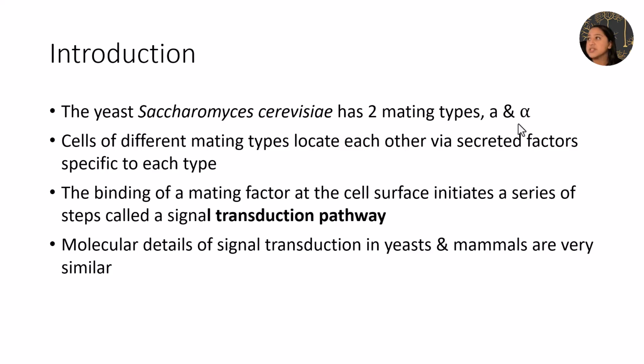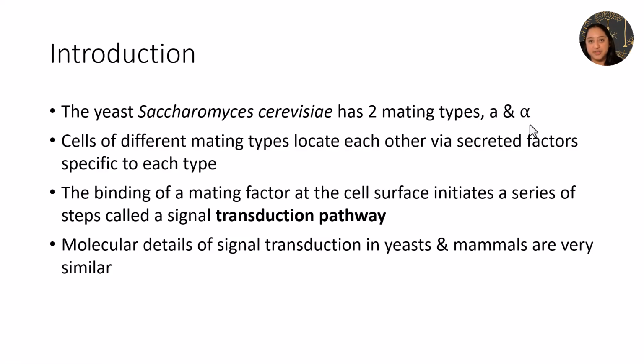So it's almost like pheromones for these yeast cells. One of them is A and secretes certain kinds of factors that only A puts out, and the other one, alpha, has its own secreted factors. And so they can tell and find each other that way.